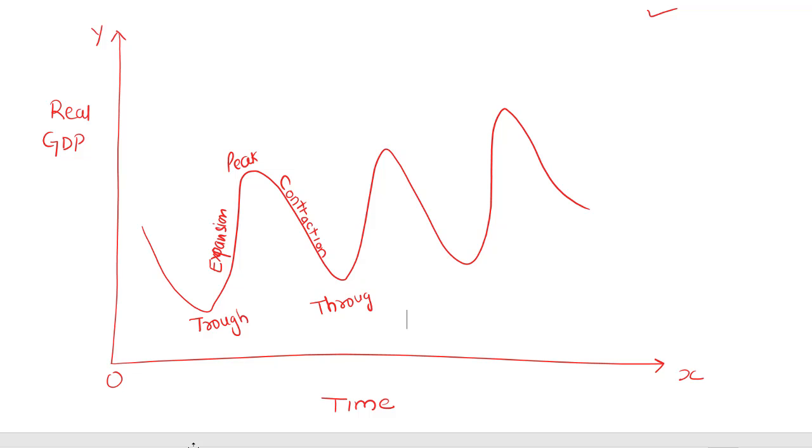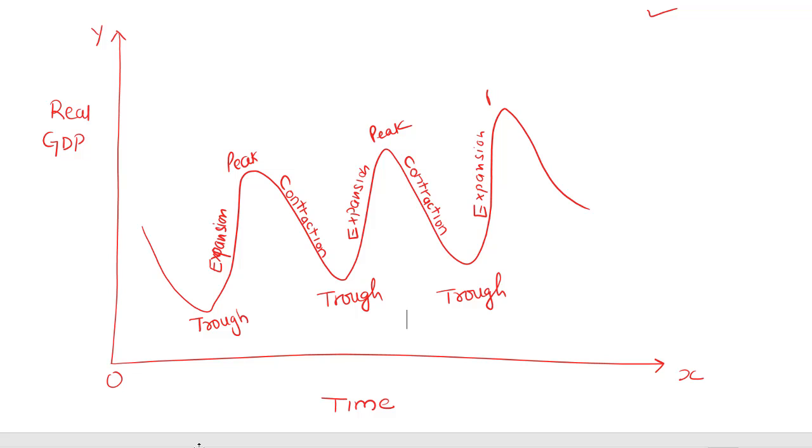Over here same. Then again expansion, peak, contraction, then again expansion.